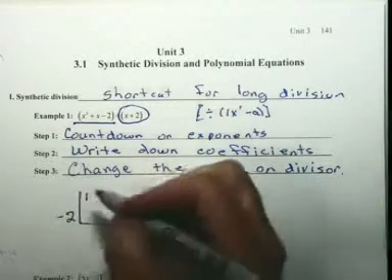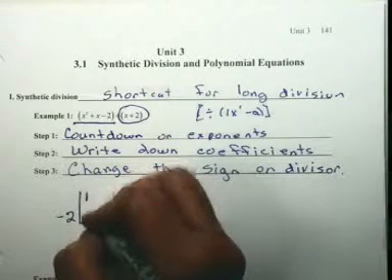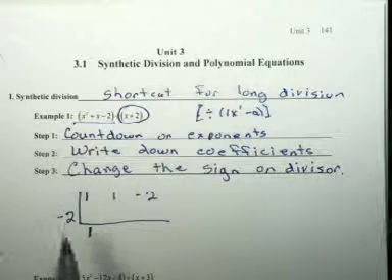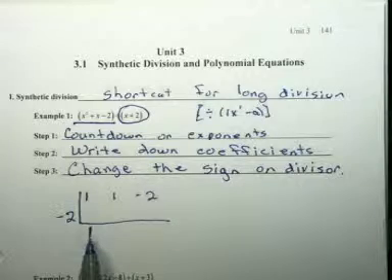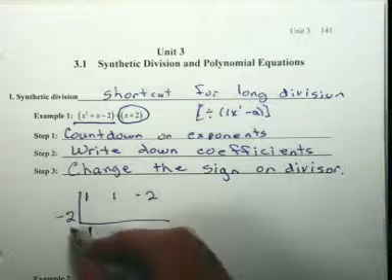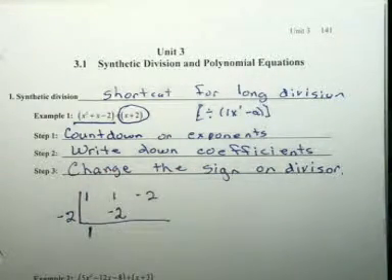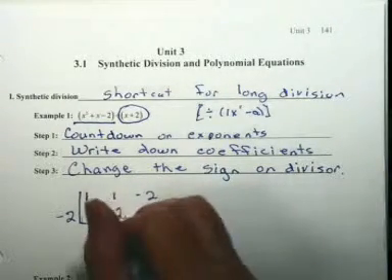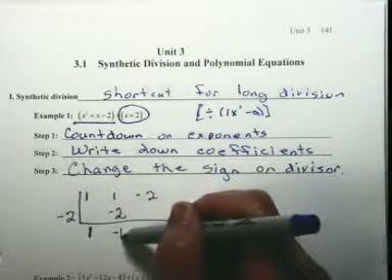Now we bring the first number straight down. This number doesn't change, it just comes straight down outside of the box. Then we multiply times negative 2. We multiply negative 2 times whatever's on the bottom, and we put it inside of the box. Then we add: 1 minus 2 is a negative 1, and we multiply times negative 2.